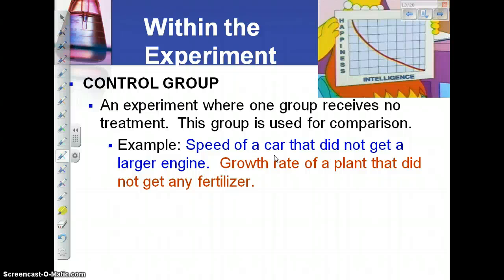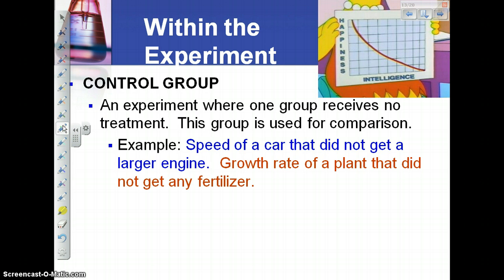Okay? And this is where a control group and our experimental group come into play. The control group is going to be the group that did not receive the independent variable. It should be a group that you already know the results of. And I hate to say know the results of, but it should be something that you know. You are testing the independent variable. So for example, we are trying to figure out if a larger engine is going to make a car go faster.